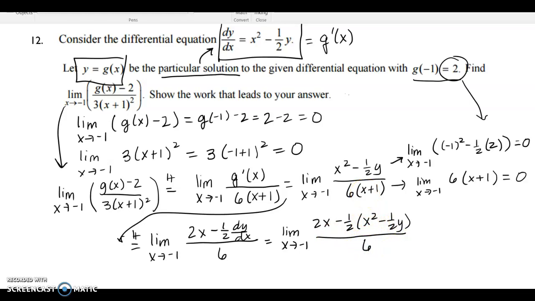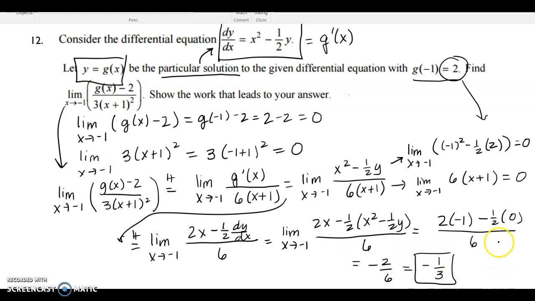Now, if you paid attention, we had actually just plugged in what our derivative was at negative 1. It was 0. And so when I evaluate this, I have 2 times negative 1 minus 1/2 times 0, because that x squared minus 1/2 y was 0, all over 6. Or you can plug in the negative 1 and the 2 again, that's fine. And so that simplifies then to just negative 2 over 6, which gives me negative 1/3.